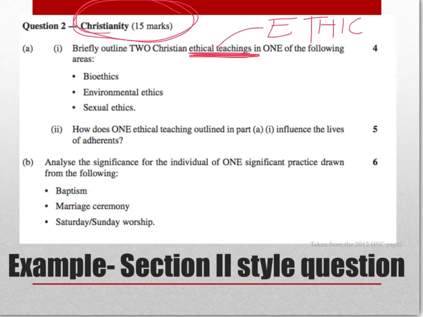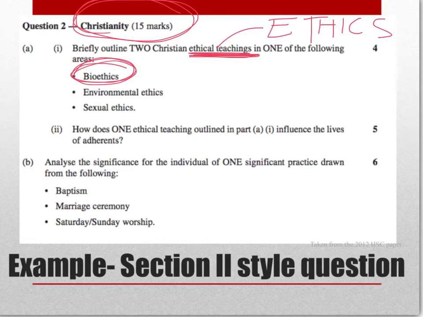All right. Now in the syllabus dot point, there is only one that focuses on ethics. It asks you to describe and explain Christian ethical teachings on bioethics or environmental ethics or sexual ethics. Fun fact, everyone, we're going to study bioethics. A2, how does one ethical teaching outlined in Part A influence the lives of adherents?